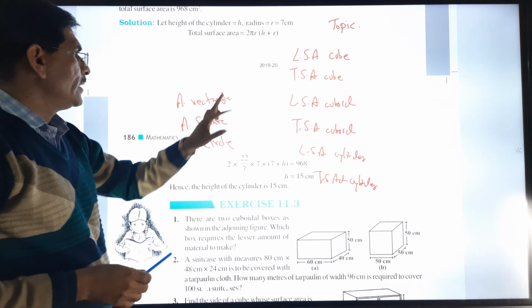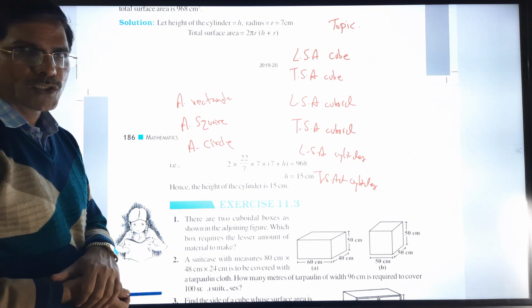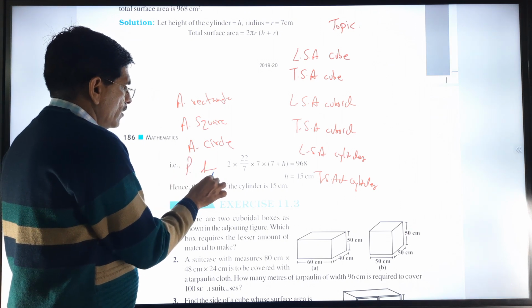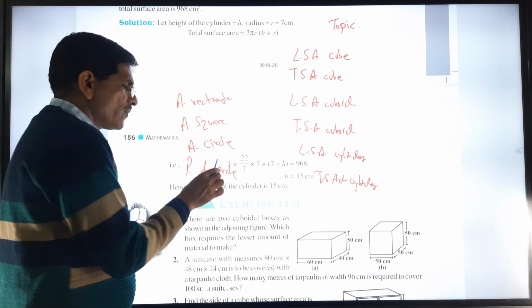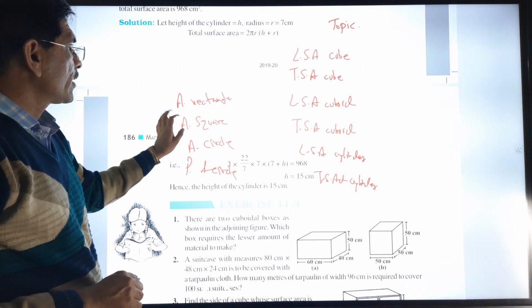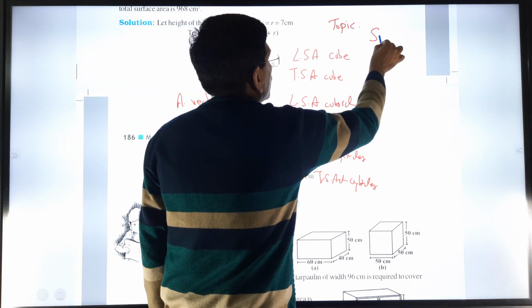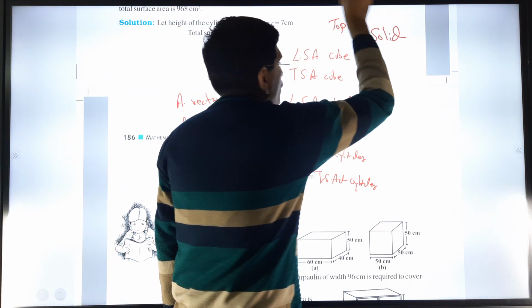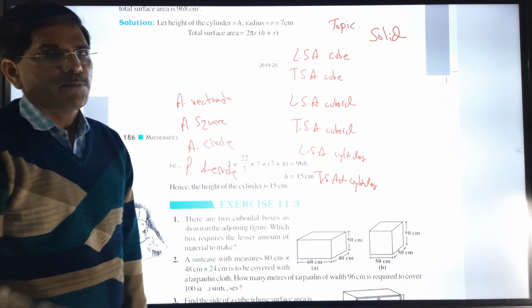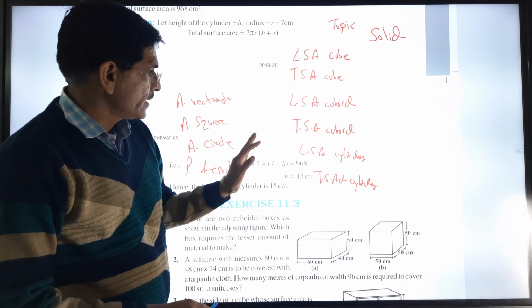Area of rectangle L into B, area of square L square, area of circle pi r square, and perimeter of circle or circumference of a circle, perimeter of rectangle, perimeter of square. Then these are all the solid shapes. So if you write all these 6 formulas perfectly and remember them with figure, then it is easy.